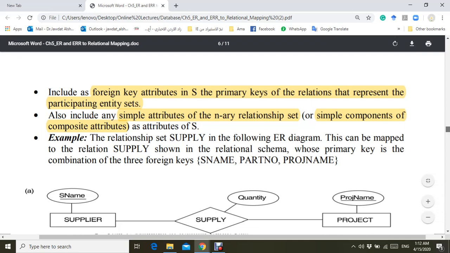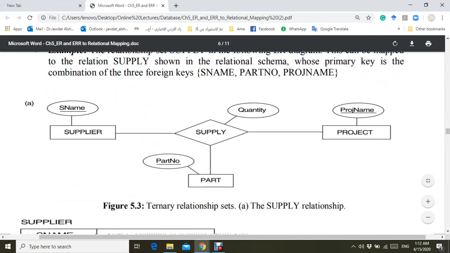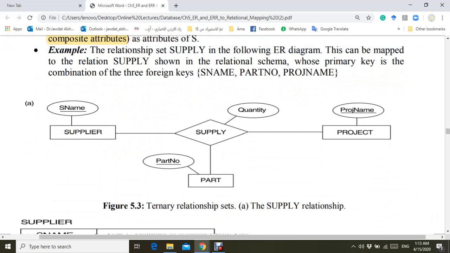For example, supply here. Supply is between supplier, project, and part. It's a ternary, or three-ary, relationship, so it's between three entities.